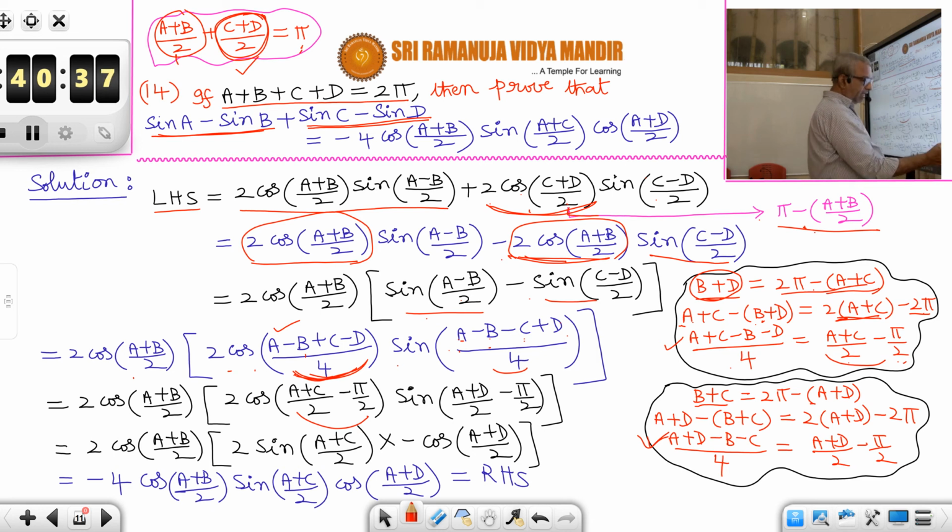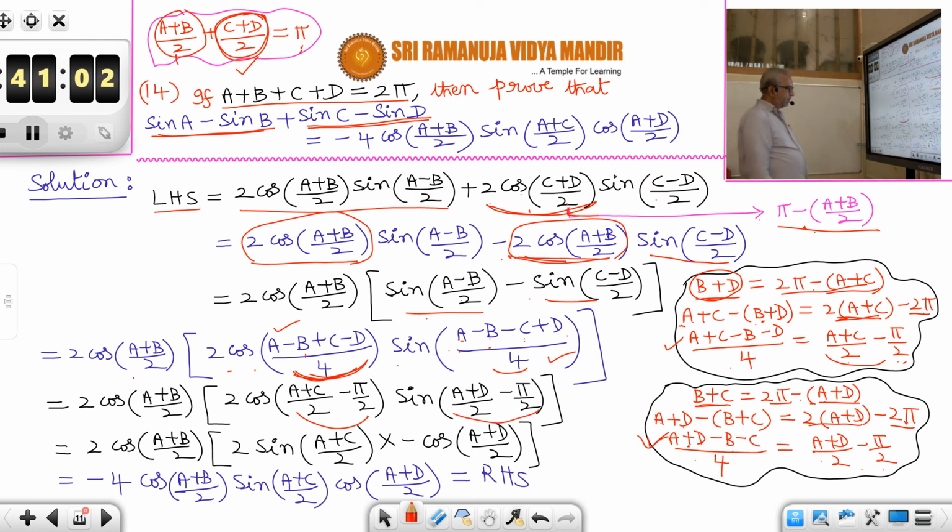Okay. Now consider a plus d minus b plus c. A plus d minus this quantity means a plus d minus of 2 pi minus a plus d, that is 2 a plus d minus 2 pi. Divide by 4. A plus d by 2, 2 pi by 4 is pi by 2. So in place of this second angle here, I am writing a plus d by 2 minus pi by 2.